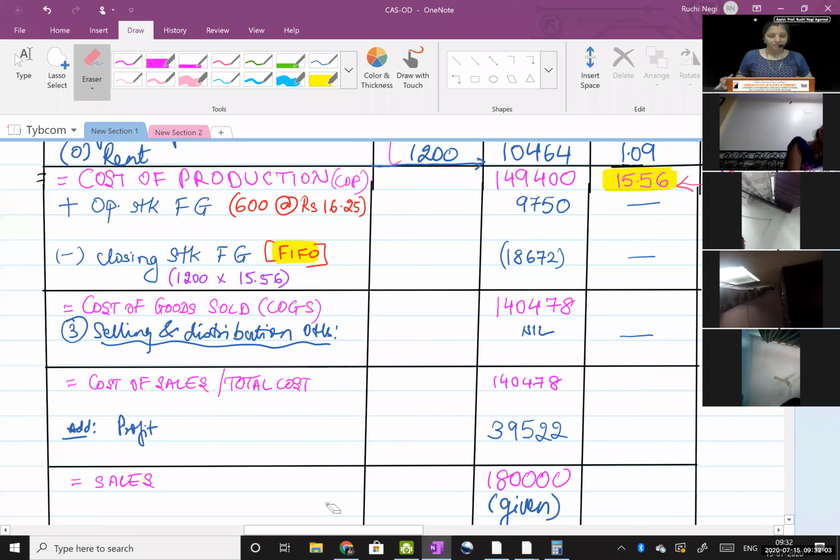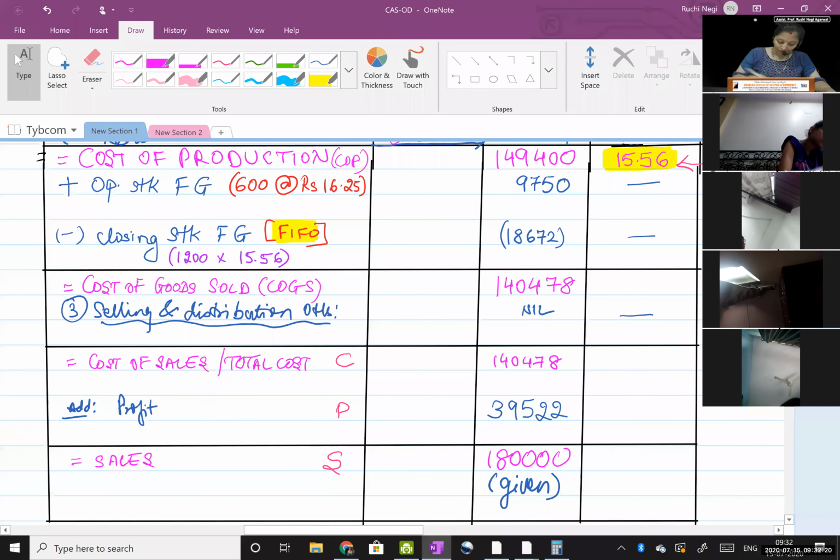Total cost. And then we know every chapter of cost accounting justifies the formula cost plus profit is equal to sales. Correct? So sales is given 1,80,000 in the question. I'll show you.